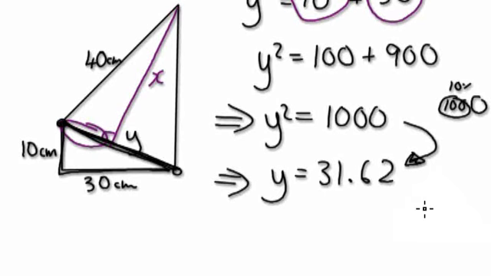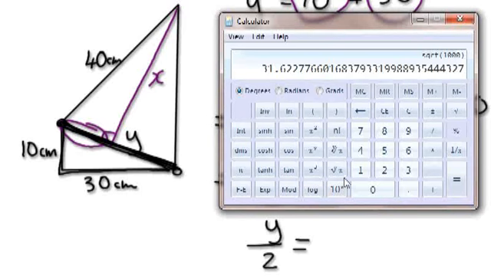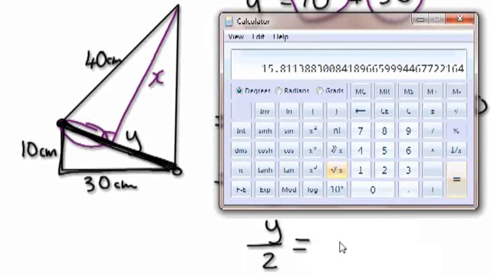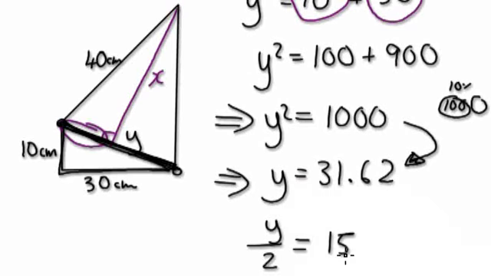Now remember, y represents this whole distance here. We only want half of y. So y over 2, divide both sides by 2. So 31.62 divided by 2 equals 15.81.